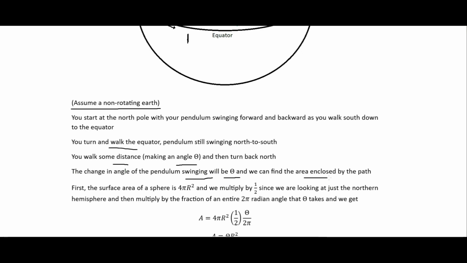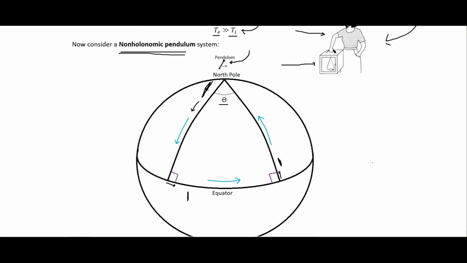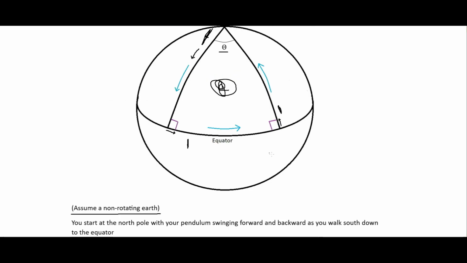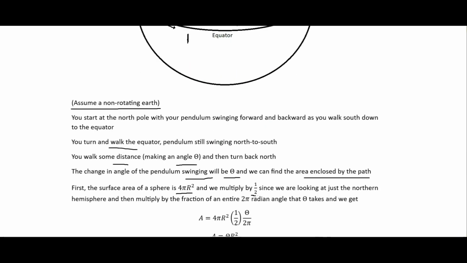And we can find the area enclosed by the path. That would just be the area inside here. So first, the surface area of a sphere is 4 pi r squared, but we're only looking at the northern hemisphere here, so we can multiply that by 1/2.